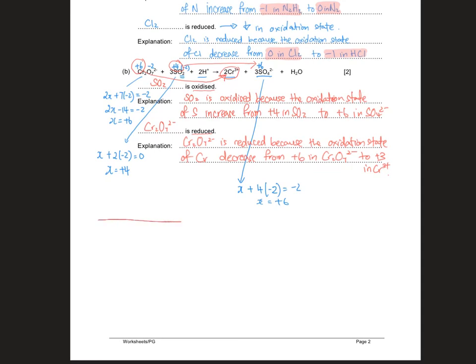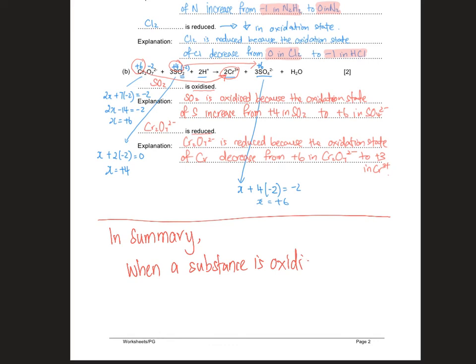So in summary, today we learned that when a substance is oxidized, there must be an increase in oxidation state. And reduction will be the reverse. So this is one thing we learned today.